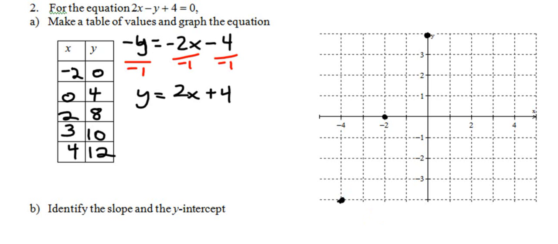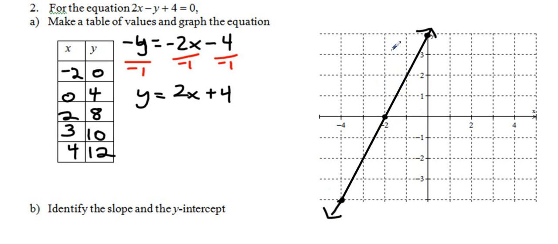And then if I join these points, I'm going to get a nice line here. Just go past. And I'm going to put arrows on the end. Oopsie. Sorry about that. I'm going to put arrows here. Let's go past. There we go.